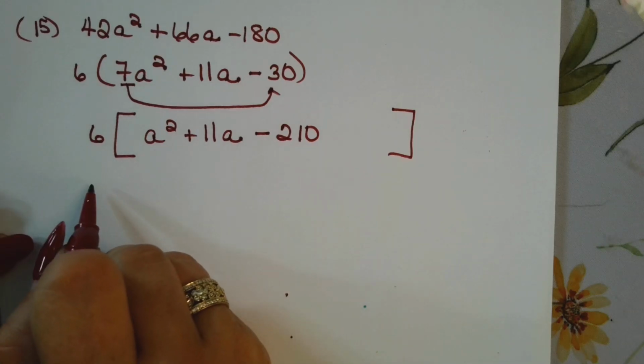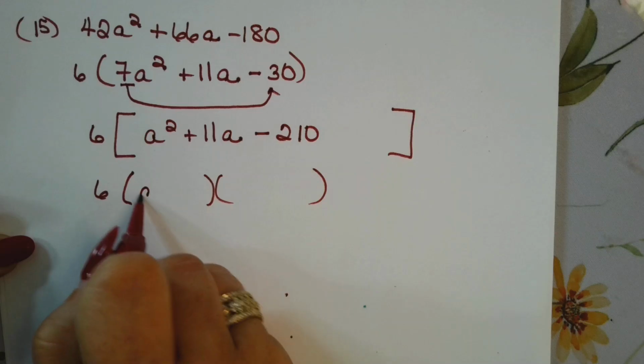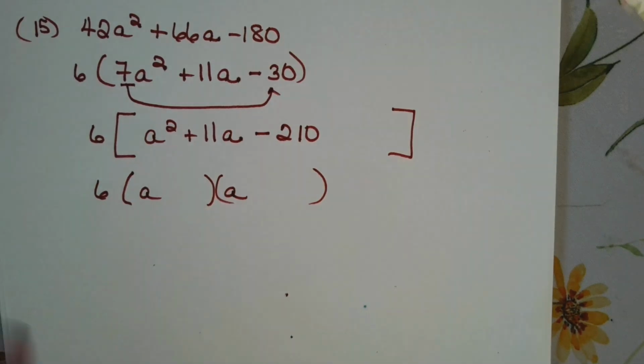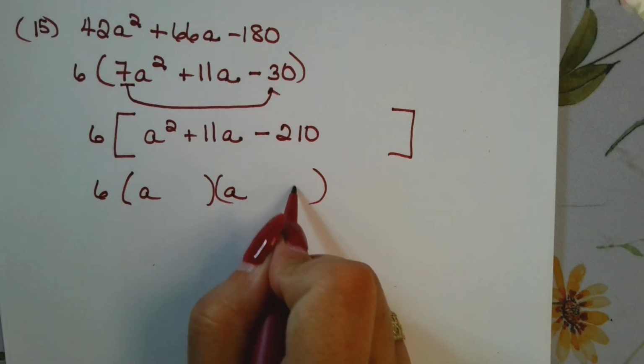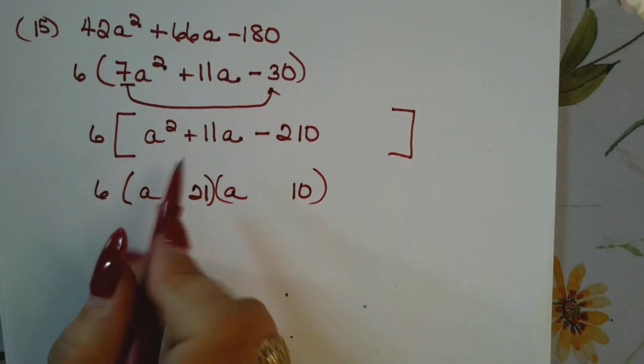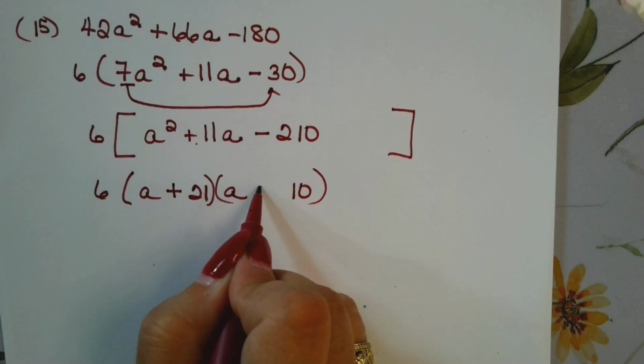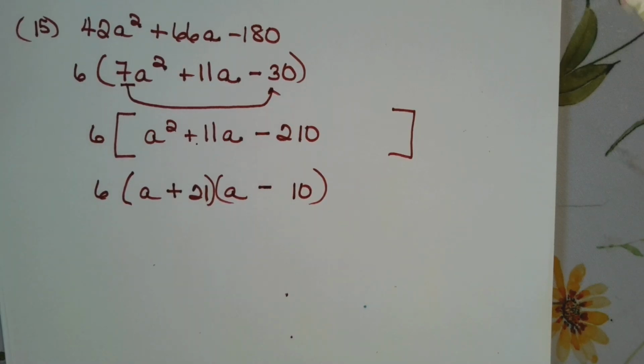Now we're going to look for factors of 210 that give me 11. So how about 10 and 21? That looks right. And we want positive 11, so that'll be a positive 21 and a negative 10.